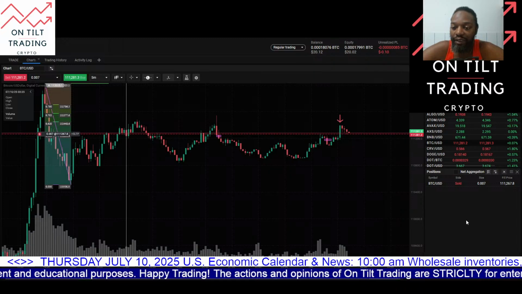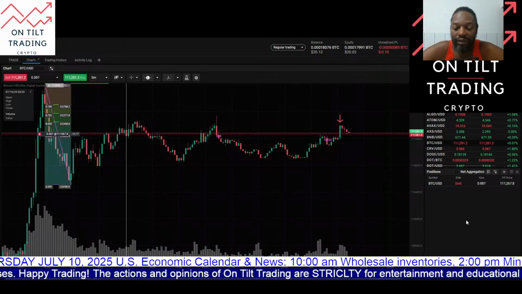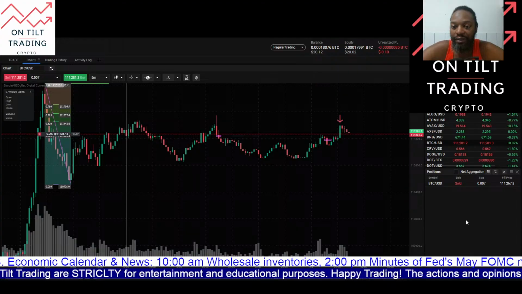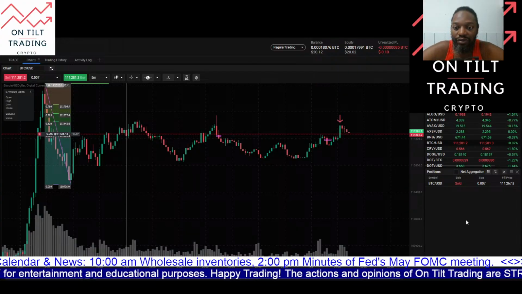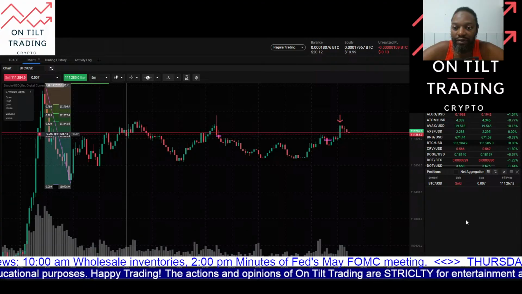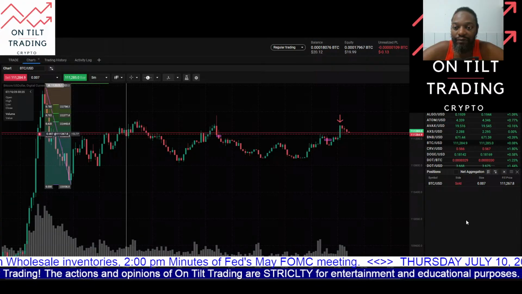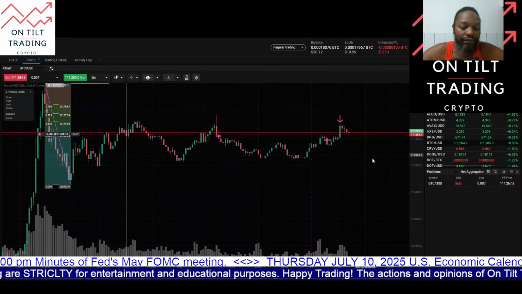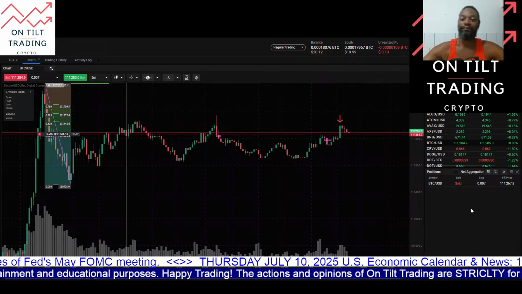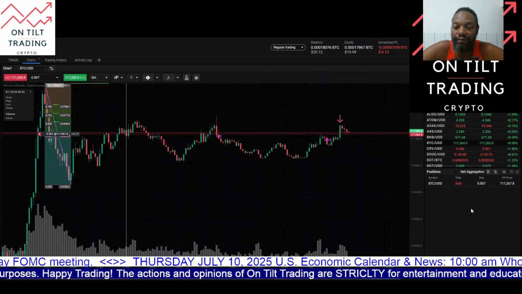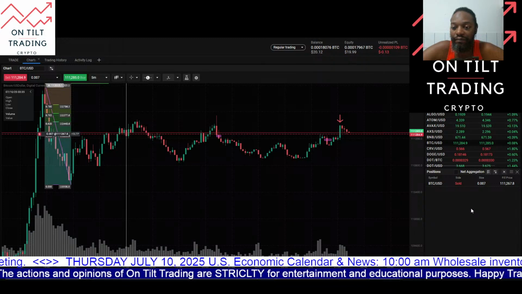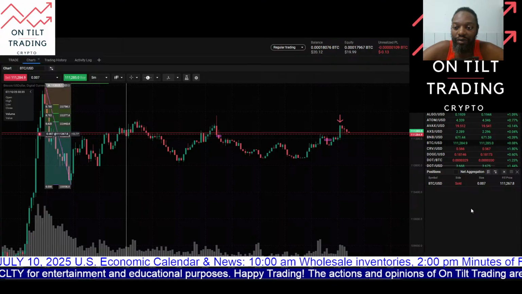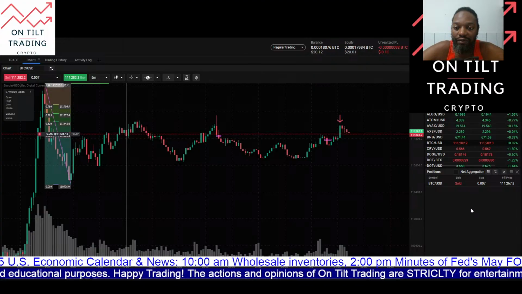See if a new 5-minute low can be put in, and if price action can continue to be delivered to the sell side here for a potential market structure shift. Price consolidating and holding here around the 111,280 level.